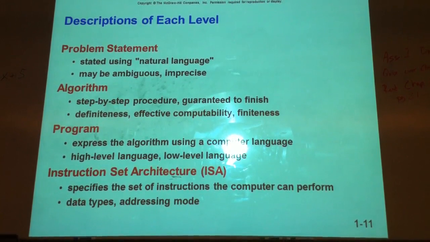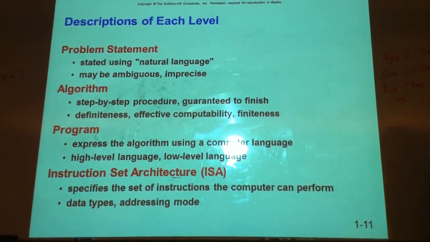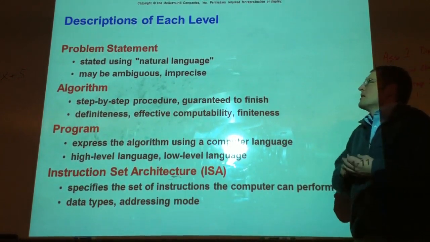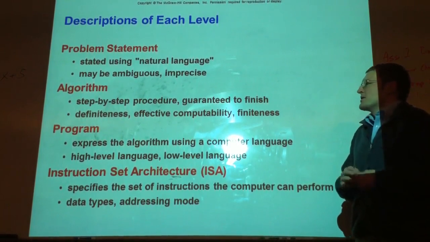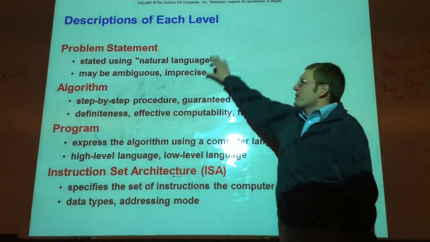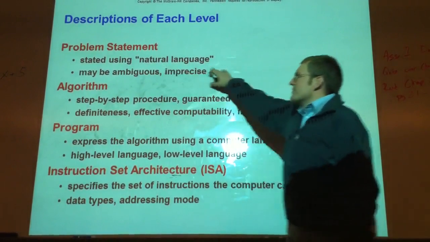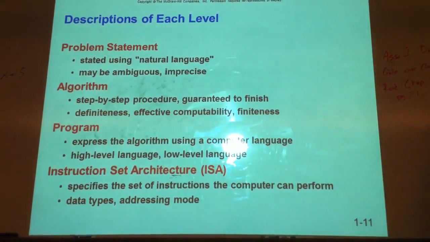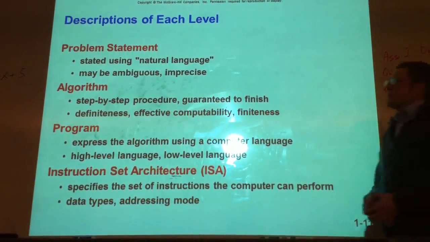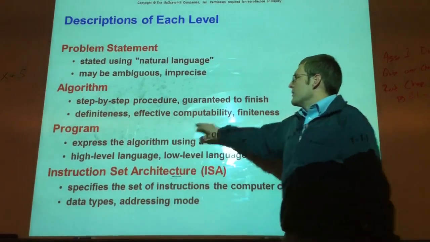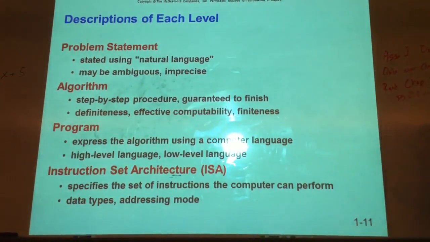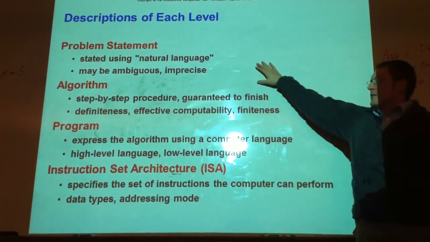So, review again over those categories. The problem statement is basically your natural language: English, French, Spanish, all those types of languages. And then we have the algorithm, the mathematical interpretation of our natural language.